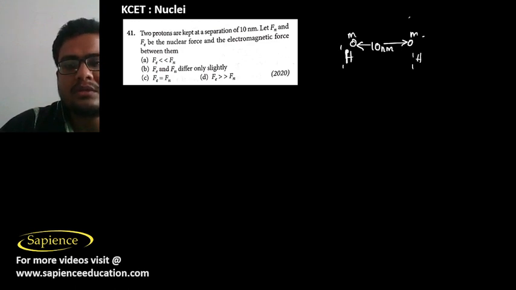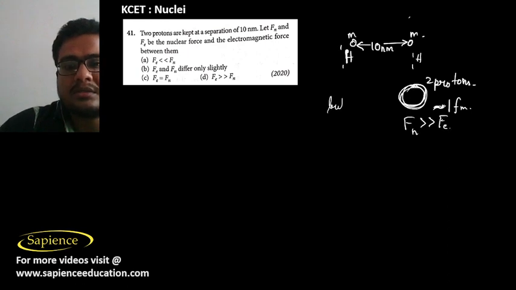So when the two protons are within the nuclear range, within the range of 1 Fermi, then only we can say that the nuclear force is much higher than the electromagnetic force.